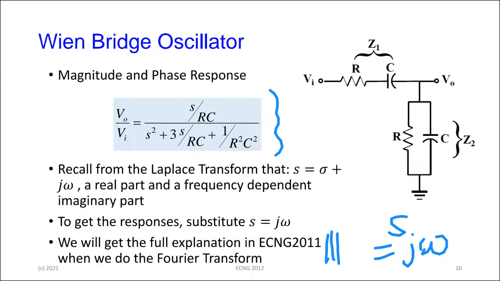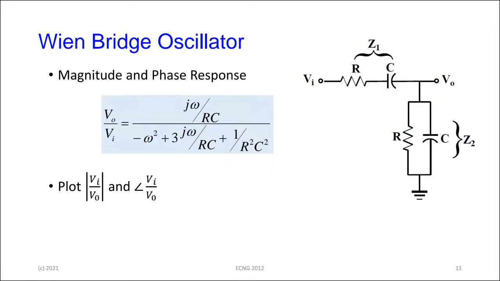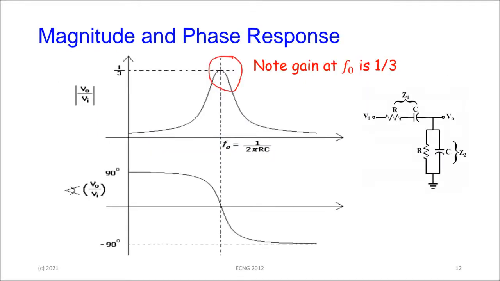So if you substitute S equal to j omega and manipulate it a little bit, you get the transfer function in terms of frequency being j omega over minus omega squared plus 3 j omega over RC plus 1 over R squared C squared. If you plot the magnitude of that against frequency, and then the phase against frequency, you get a behavior looking like these two diagrams here.